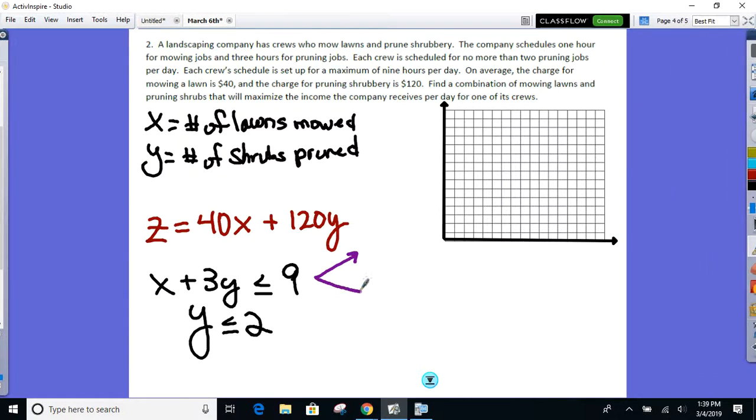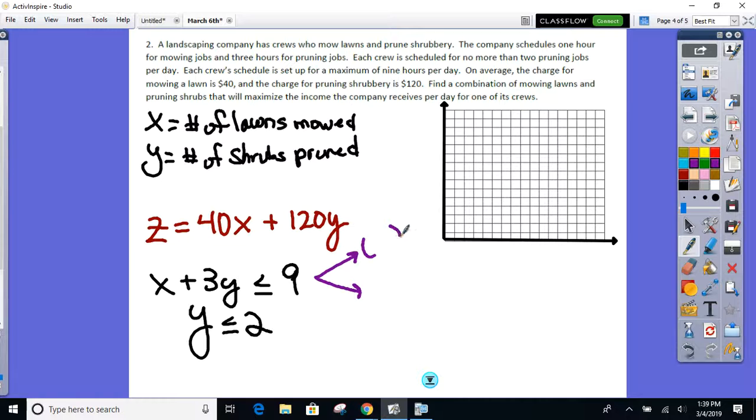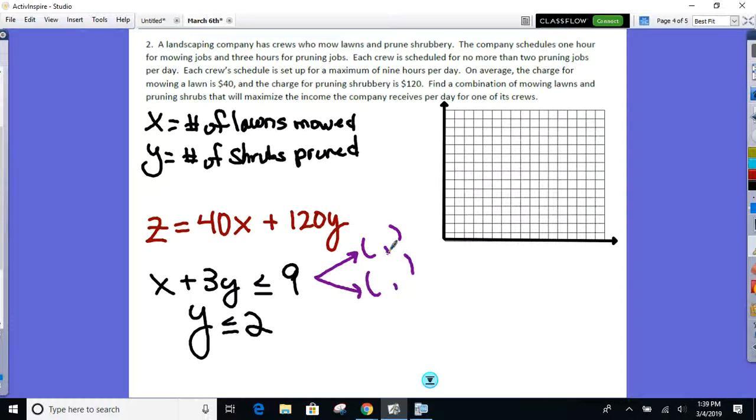Find your X and Y intercepts on that first one. Let's see, what am I getting here? 0, 3, and 9, 0.